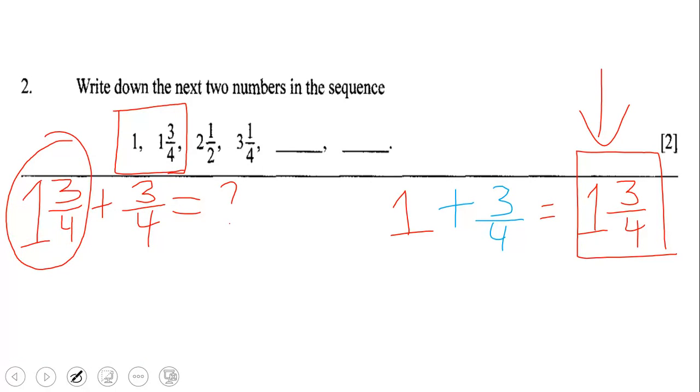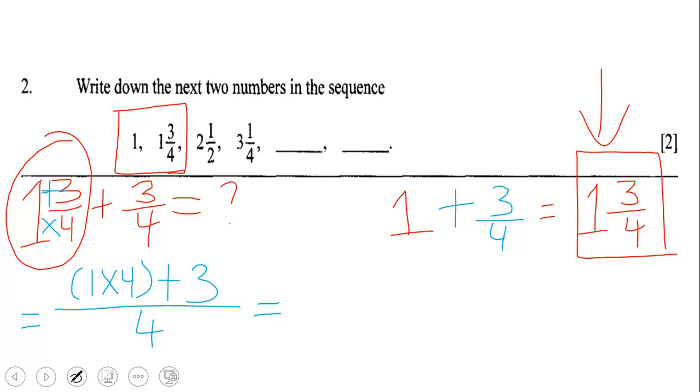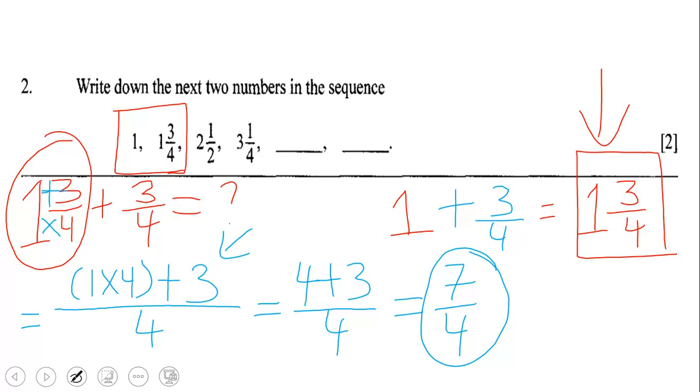We multiply 1 and 4. 1 times 4 is indeed 4, and we're going to add 3, and the denominator we leave as 4. So we have 4 plus 3, which is 7, all over 4. So 1 and 3 over 4 written as an improper fraction is indeed 7 over 4.